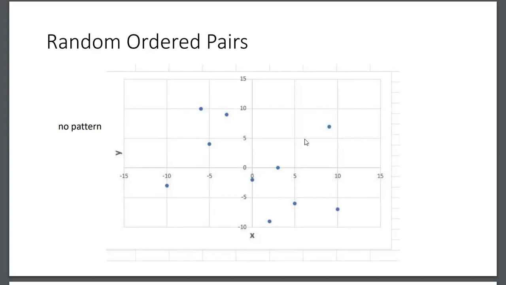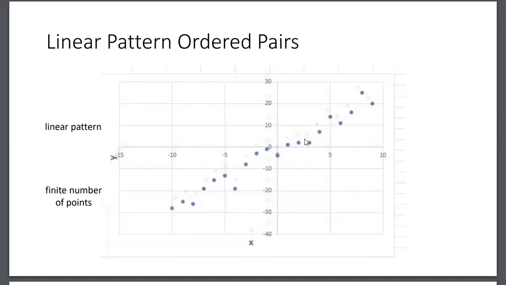Just wherever they happen to fall. Here are some more points, a finite number of points, and they are somewhat in what's called a linear pattern, looking somewhat like a line. They're not in an exactly straight line, but they have that general pattern.